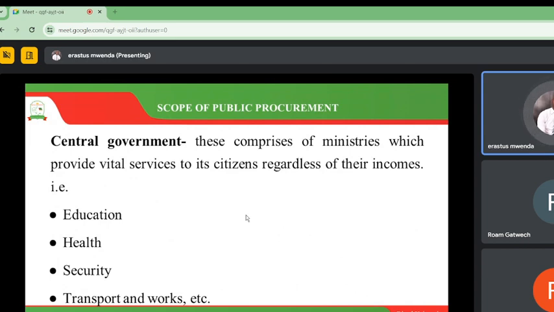So the central government is a crucial player in public sector procurement. And their key areas of focus, of course, include education, health, security, transport and works. So this is a very, very crucial sector that we cannot avoid.